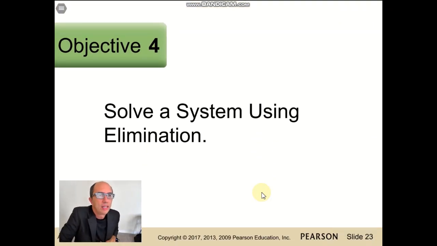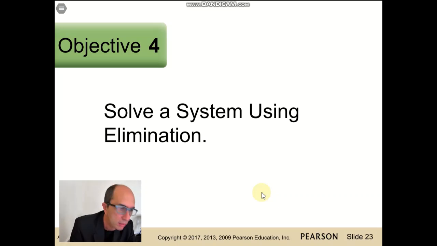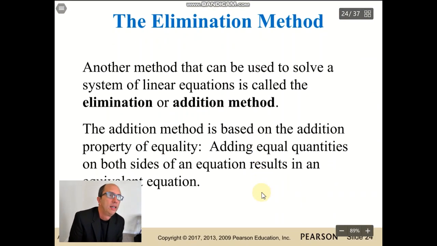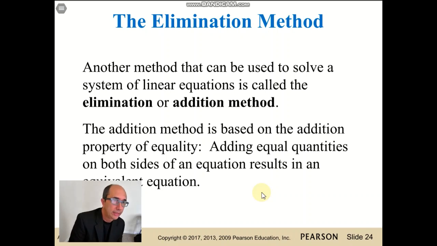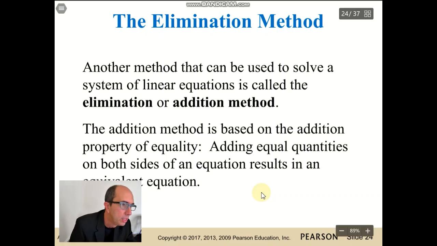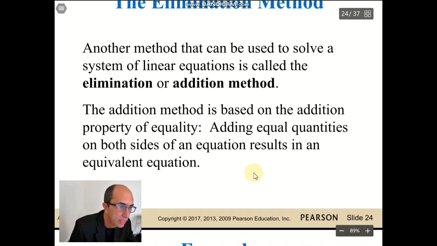Great. Now jumping to objective number 4, to solve a system using elimination. Elimination is another method that can be used to solve a system of linear equations. The addition method is based on the addition property of equality: adding equal quantities on both sides of an equation results in an equivalent equation.